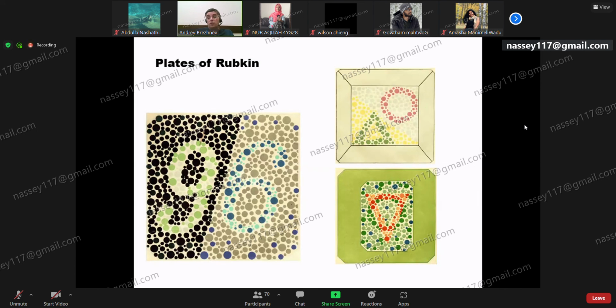After successful treatment, usually we have no problem with color vision, with total recovery of the visual functions.